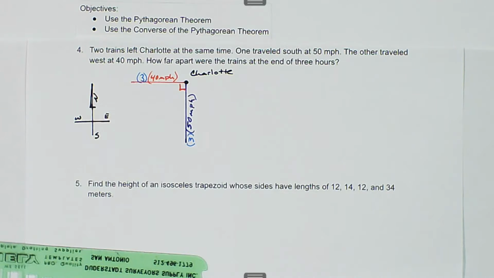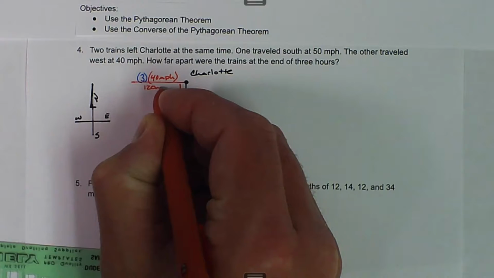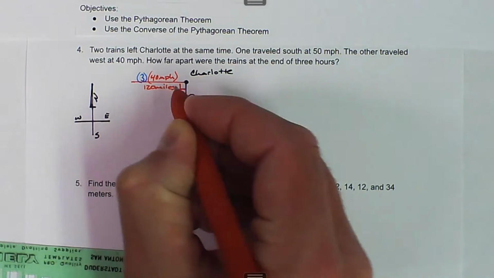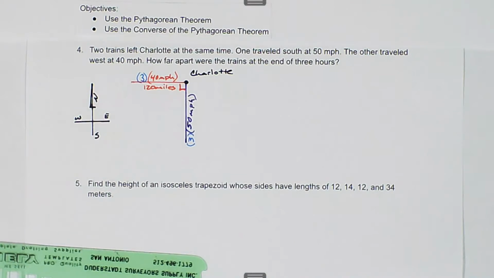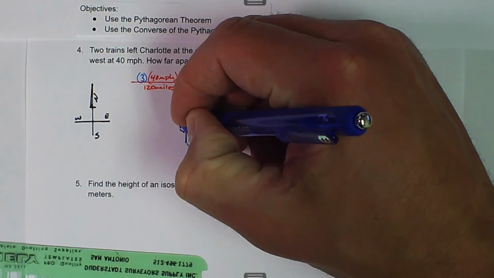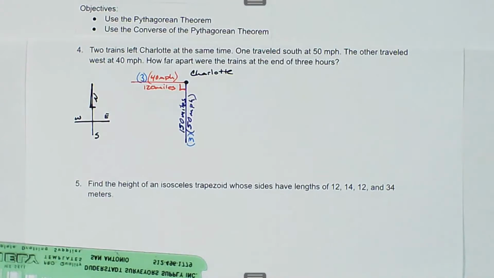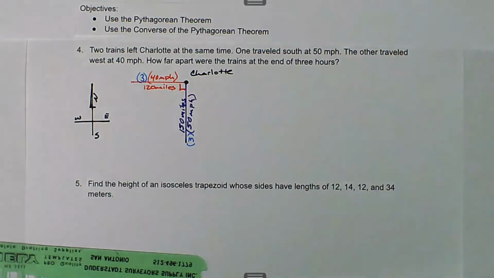So 3 times 40, that means that this one traveled 120 miles. And 50 times 3 means that this one traveled 150 miles. And now we want to find how far apart the trains were.